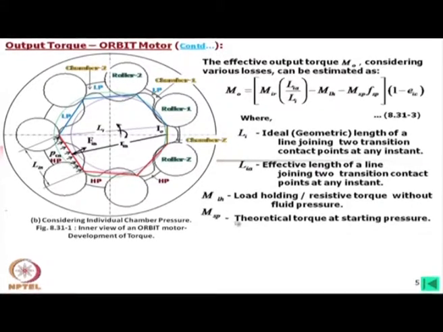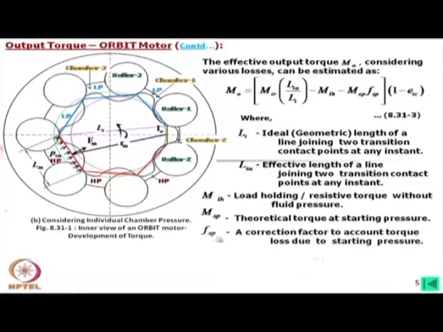But once it starts moving, what will happen? Due to these forces there will be friction. So, considering this friction coefficient or correction factor, we have given a name to account for the torque loss due to the starting pressure. So, there will be another loss.